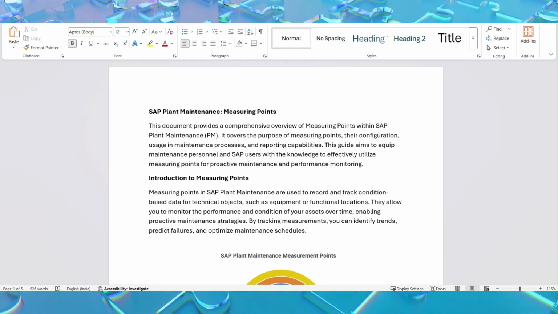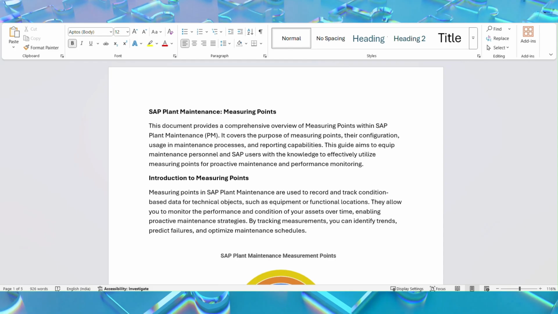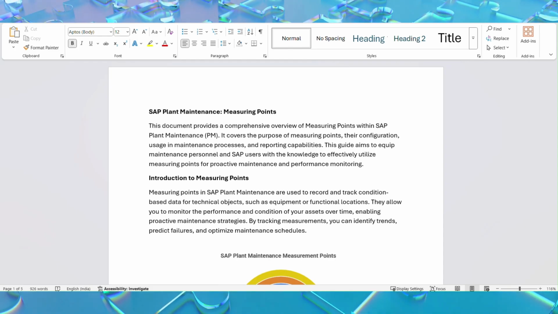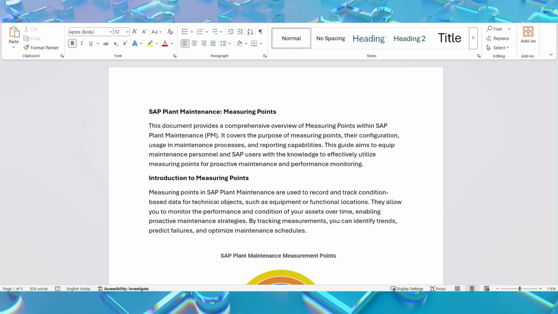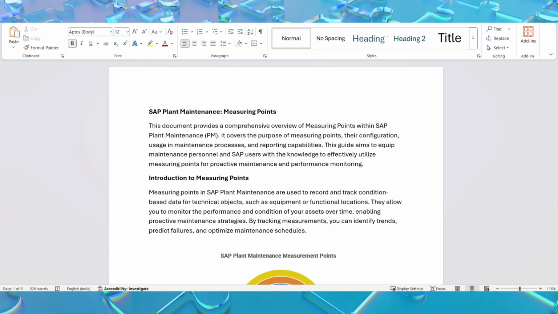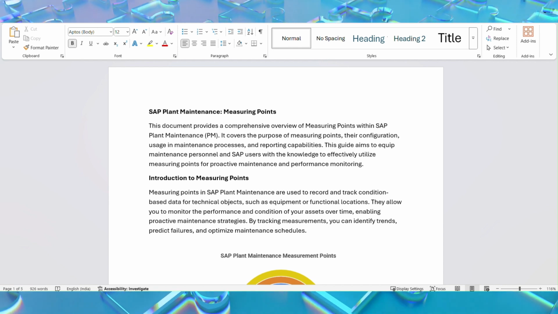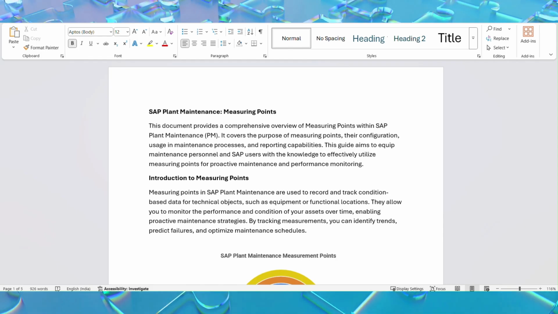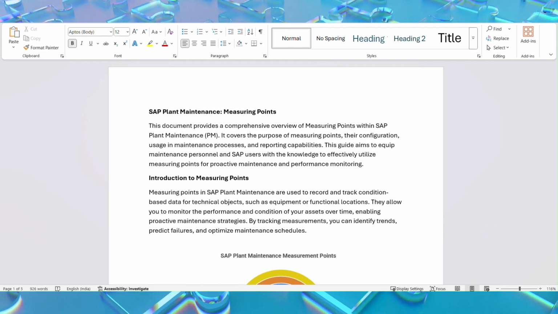But if the temperature should be between 20 to 35 degrees Celsius, and now it is 40, 45, 50, 60 degrees Celsius, it means the condition of that particular asset is not good. That is mainly known as condition based maintenance. But do not worry, we will see it further.